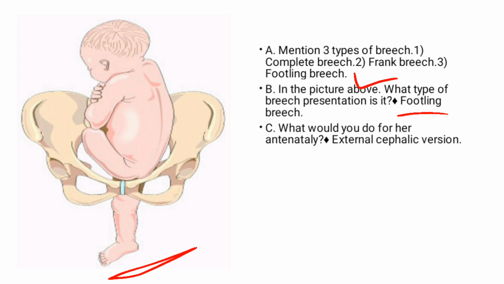What would you do for her antenatally if she came antenatally? So if she came antenatally and the child is breech, we can do an external cephalic version, although for now it's usually not necessarily advised because of the interventions that we currently have.